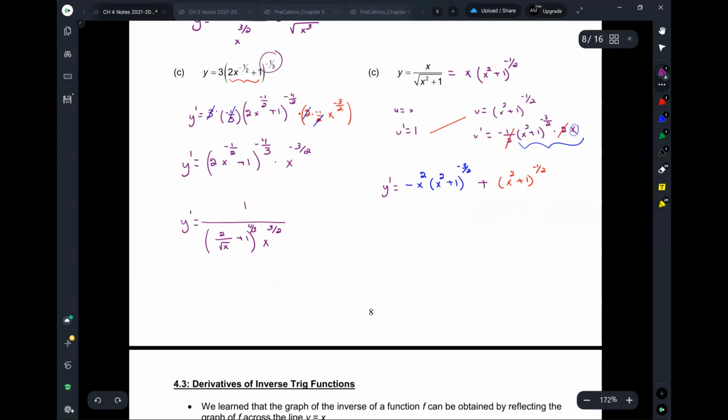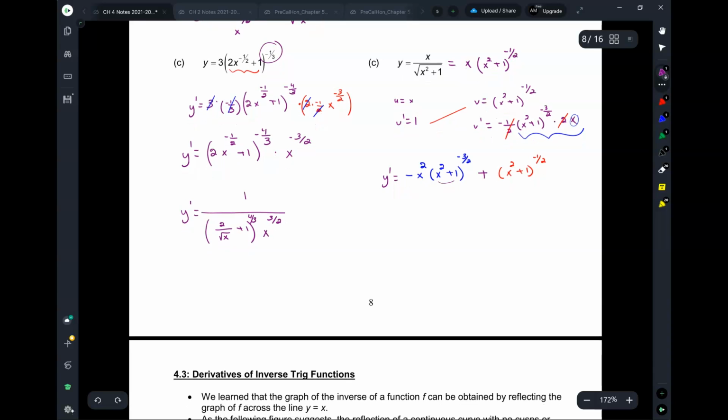Now, do you remember I showed you guys how to factor out the term with the smaller exponent? Look at this. I have x squared plus 1, x squared plus 1. I can factor out those terms, right? They have different exponents. Of the two exponents, which is the one I can factor out? The smaller number, which is negative 3 over 2. So I'm going to factor out x squared plus 1 to the negative 3 over 2.